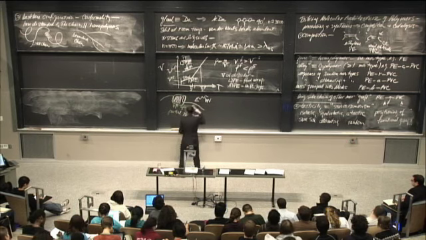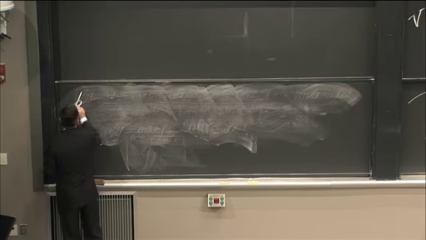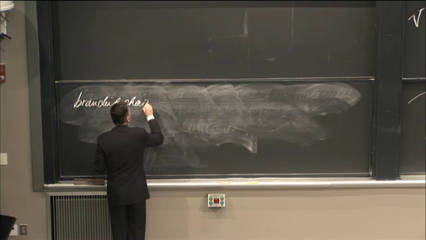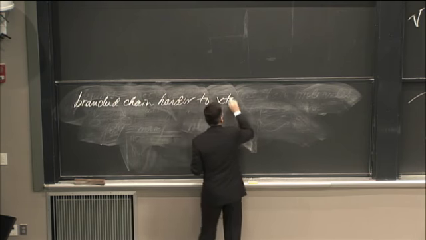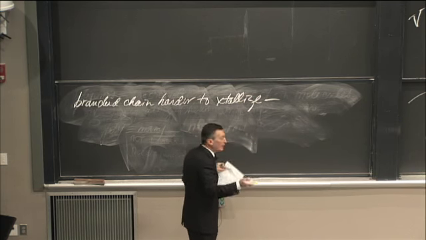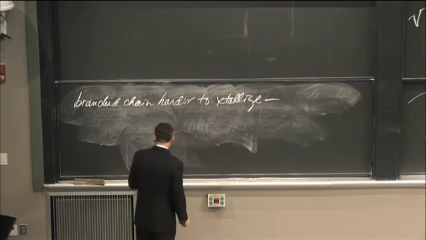So the branched chains have a greater propensity for disorder. So let's put that down. Branched chain, harder to crystallize. And crystallize is not a giant crystal or polycrystal. We're talking about the degree to which we can get that amount of ordering.